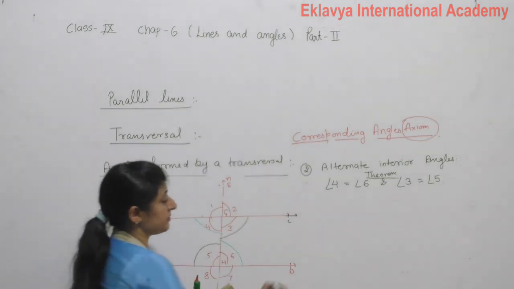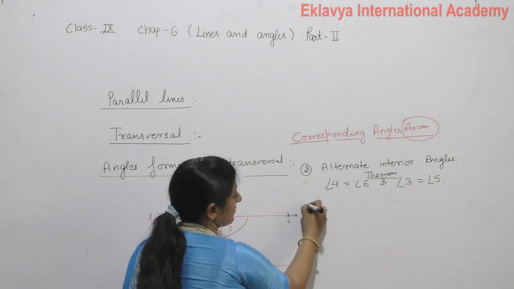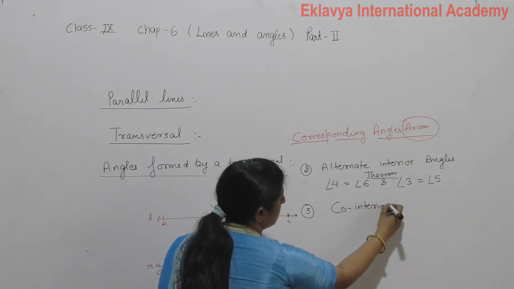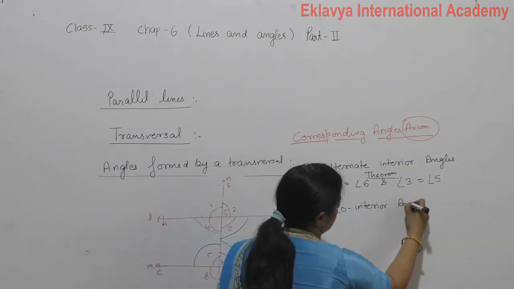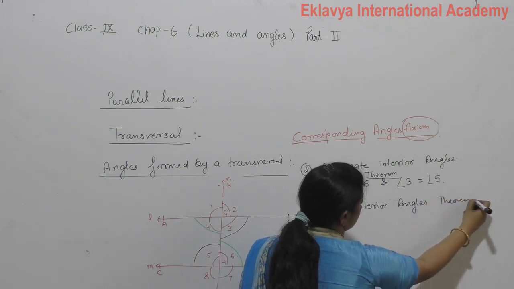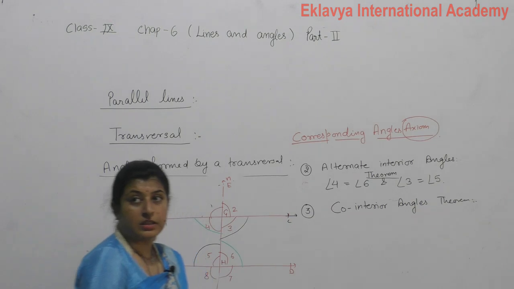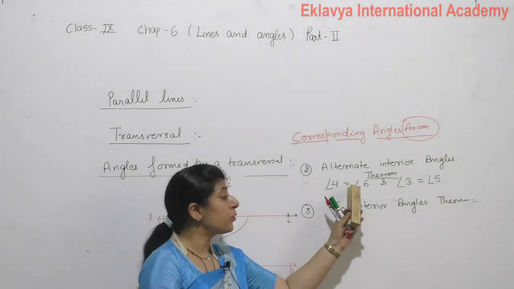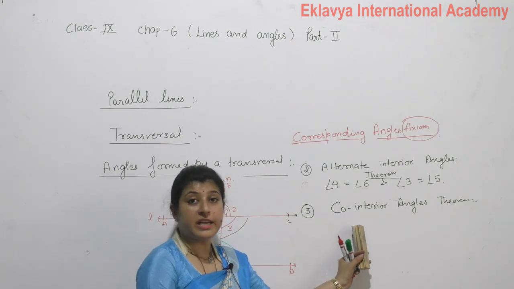Next, the co-interior angle. This is also a theorem. It means the alternate interior angle theorem we have to prove, and this one also we have to prove.